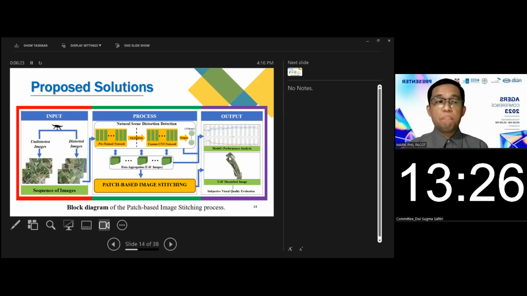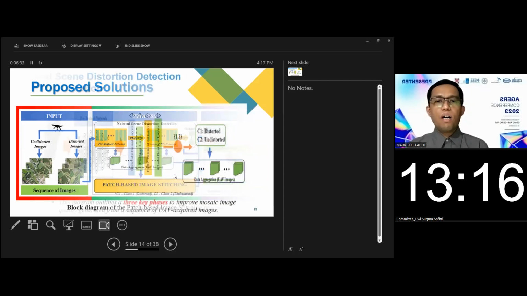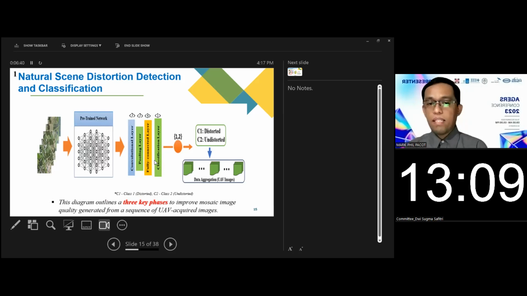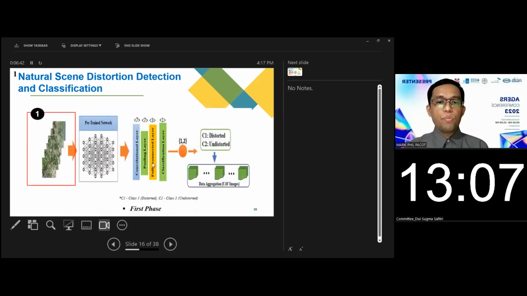Also, we perform analysis on our model performance, basically our distortion detection models, and the subjective and objective visual quality evaluation. For our natural scene distortion detection and classification, there are three phases. Phase one is a list of sequential UAV images, distorted or undistorted.